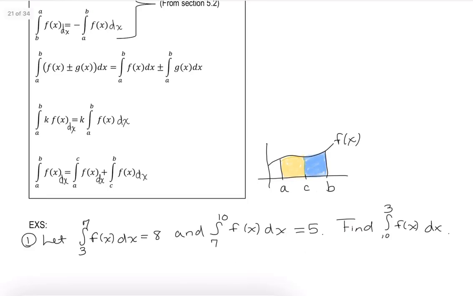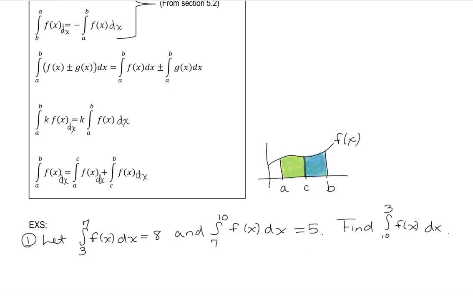So visually you can see that the sum of those two areas would be represented by the definite integral from a to b. So, if you have a nice continuous function like that, you could partition your definite integral into different regions or put it back together as one definite integral.